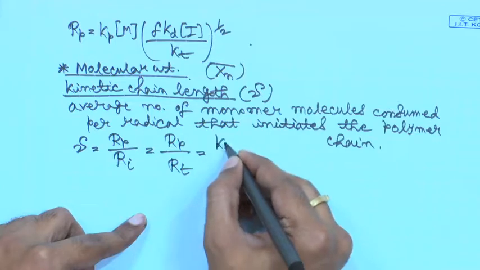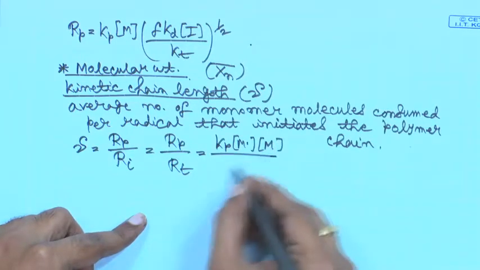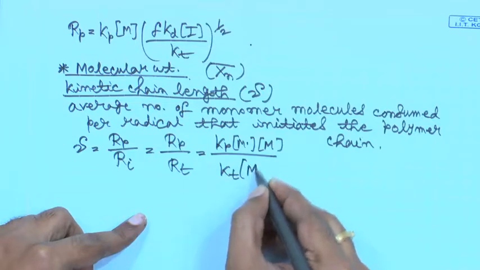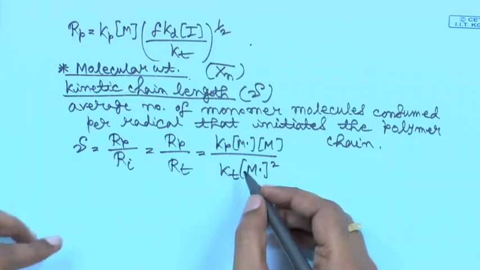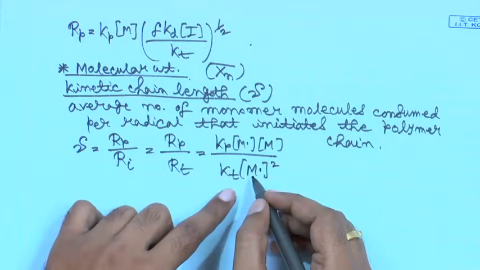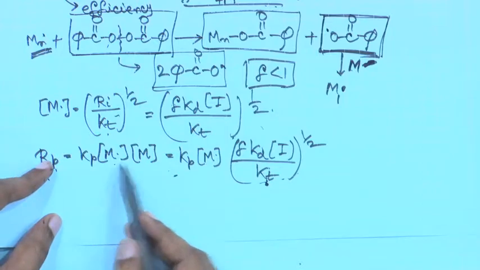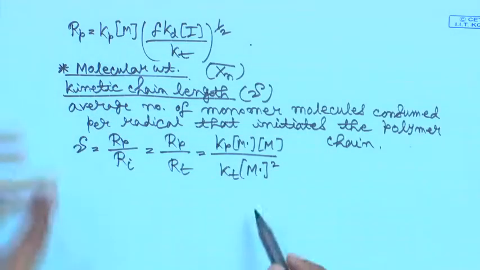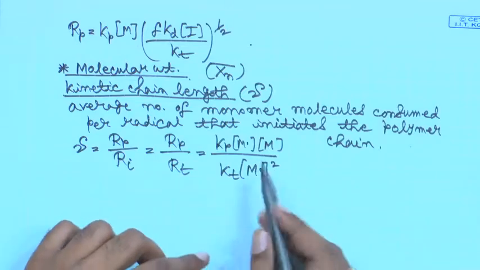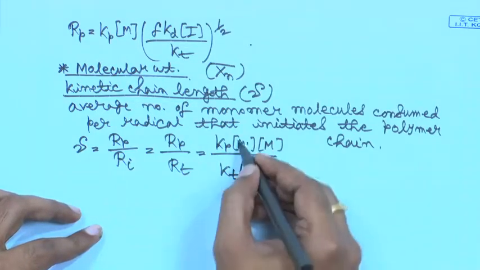So, you have Rp is Kp into M dot into M, divided by Rt, which is Kt into M dot square, and then you put this expression of M dot here. You know what is M dot? M dot is nothing but this part. So, you put that value of M dot here. So, things are related that way if you have a look at it. So, one of the M dots is going.